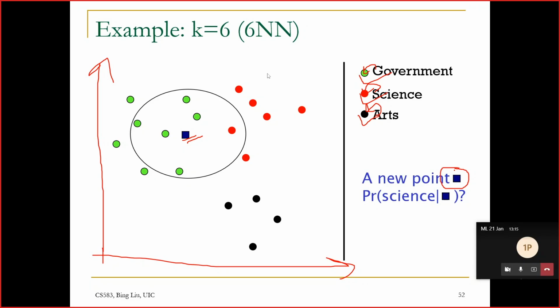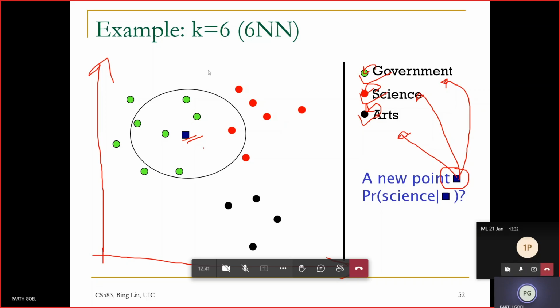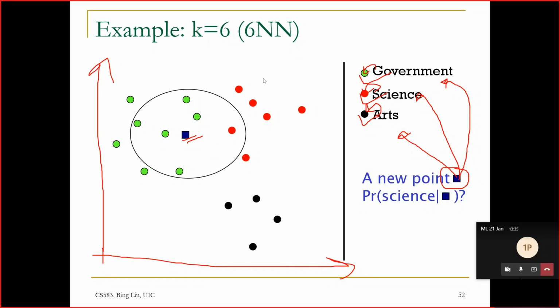That is your objective or your question. Maybe it falls under arts, maybe science, or maybe government. How can we classify this unseen sample, or test sample, as green, red, or black? Green is government, red is science, and black is arts. So how can we conclude? This is our objective.